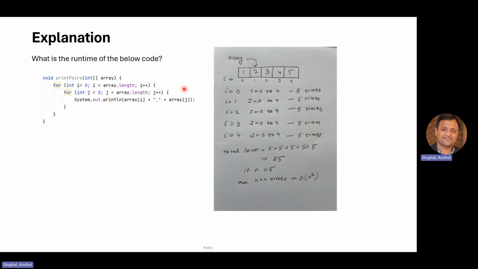The outer for loop goes from 0 to 4, since the array length is 5 because there are 5 elements. So it will go 0, 1, 2, 3, 4. Now when i is 0, what's happening? j will again point to the same array and j goes from 0 to 4. So for i = 0, j goes from 0 to 4. It means 5 times.